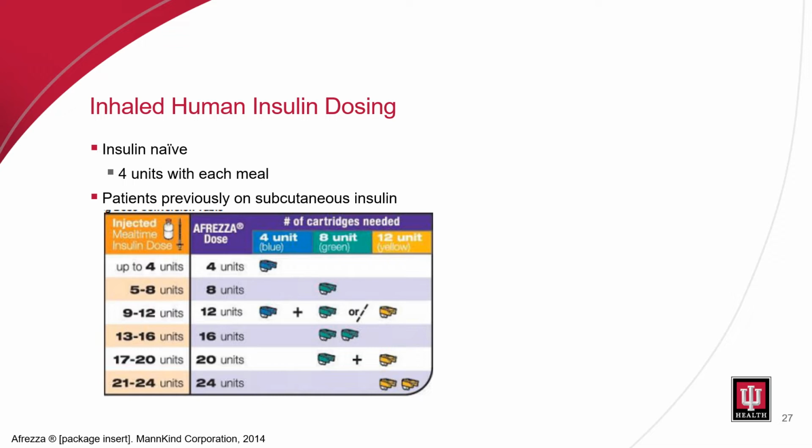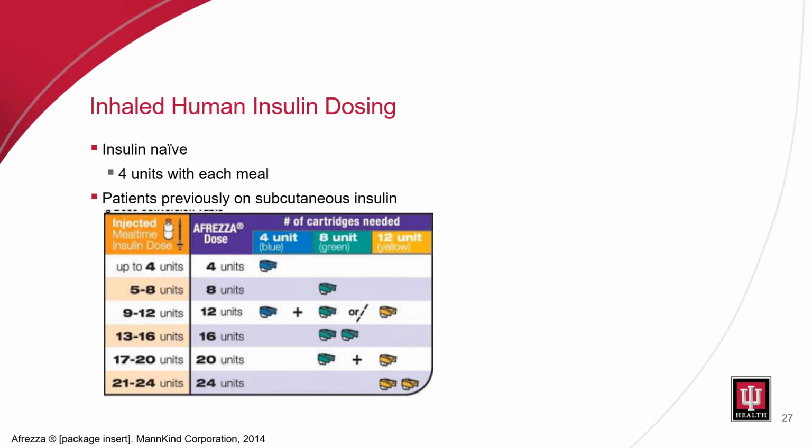The dosing for the inhaled human insulin product is 4 units with each meal in an insulin naive patient, which is a blue cartridge, just one of them with each meal. And then patients previously on subcutaneous insulin would convert their mealtime insulin doses to the correct dose of Afrezza based on the cartridges shown.